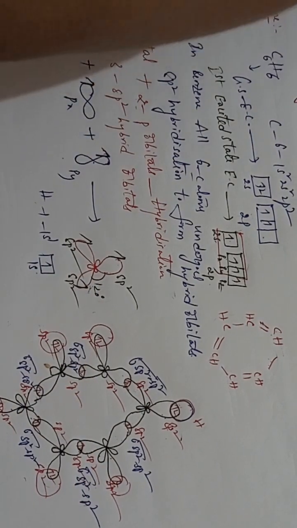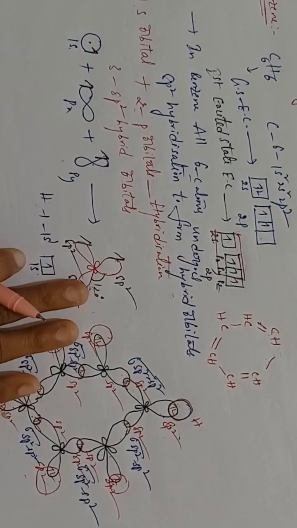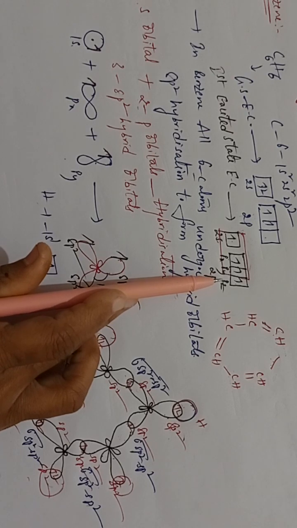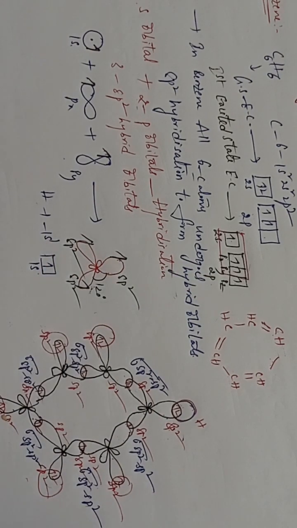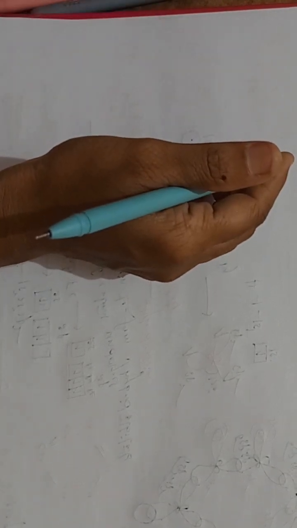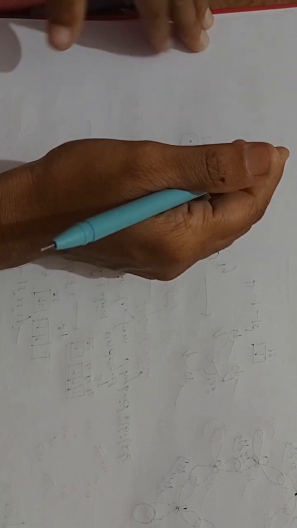Now I am taking the pz orbital. Clear? Pz orbital. So the pz orbital is an unhybridized orbital. So the unhybridized pz orbital lies perpendicular to the plane of the hybrid orbitals. Are you following, students?